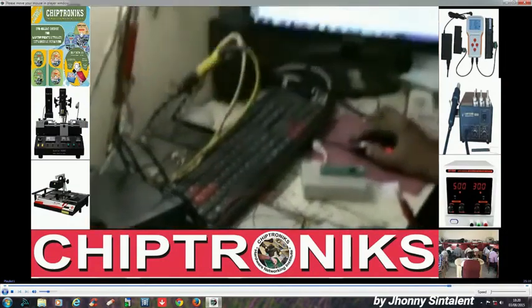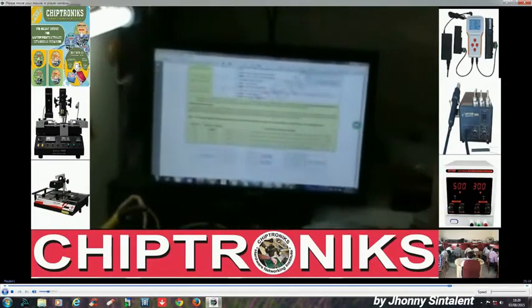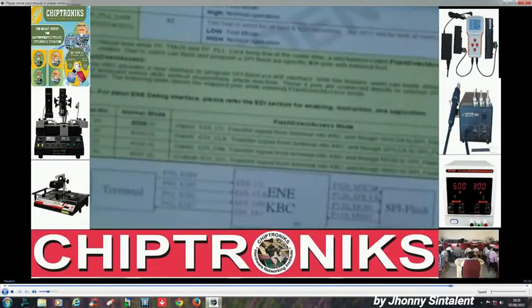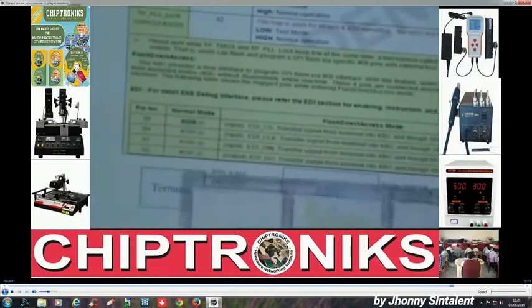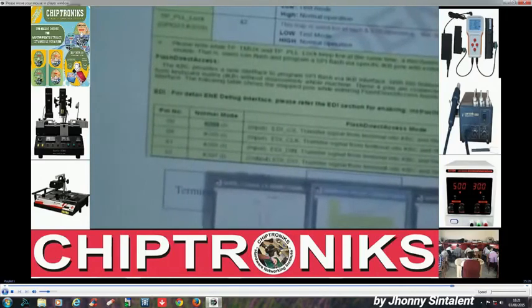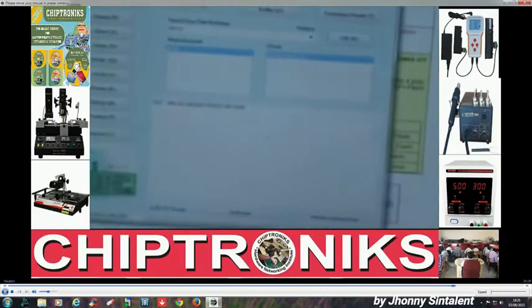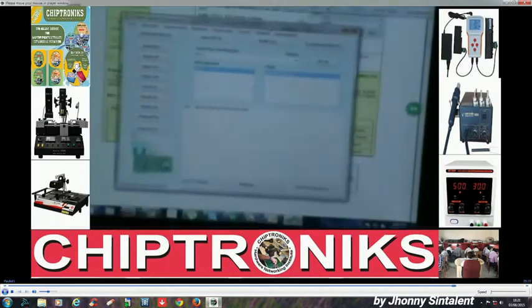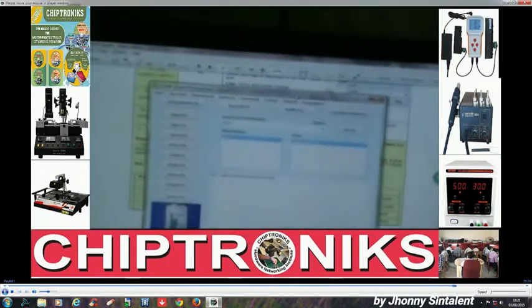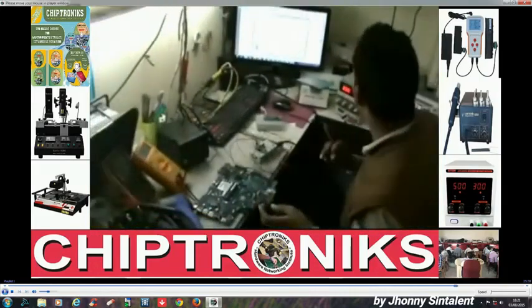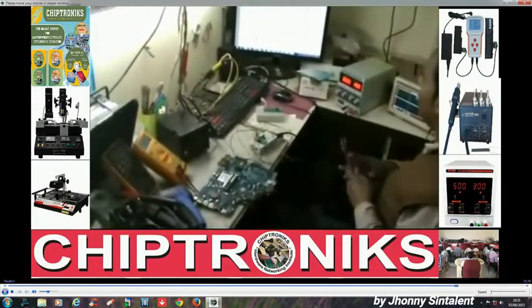All these 4 pins have been connected, and this is also grounded. Now we can use this program, and I've already used this DC power supply as an adapter to supply power to this board.